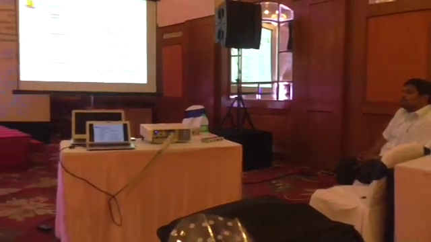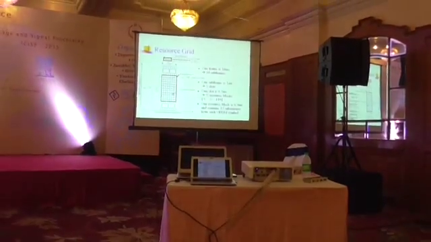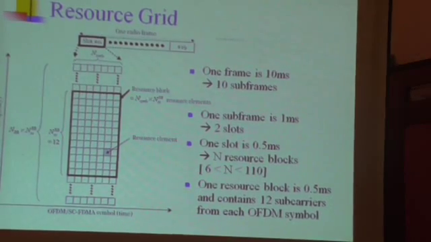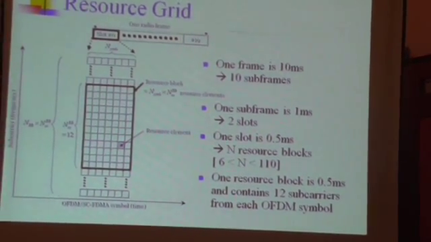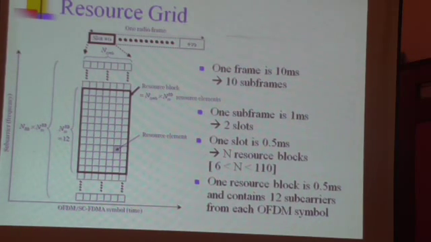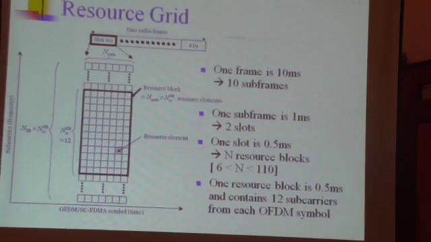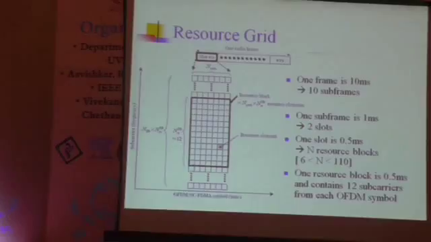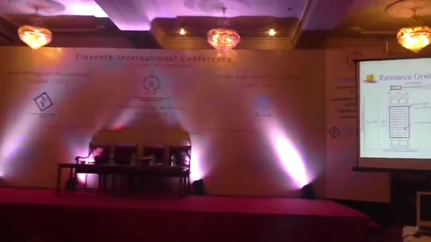It is done in such a way that each component is divided into 15 kilohertz subcarriers. Several such subcarriers are called a resource grid, and 10 such frames are used. Don't worry too much about this particular frame structure or how the actual implementation is done in LTE. But 15 kilohertz is the small subcarrier used, and you can use several such subcarriers depending upon your requirement. For voice, let's say you need only 2 subcarriers.